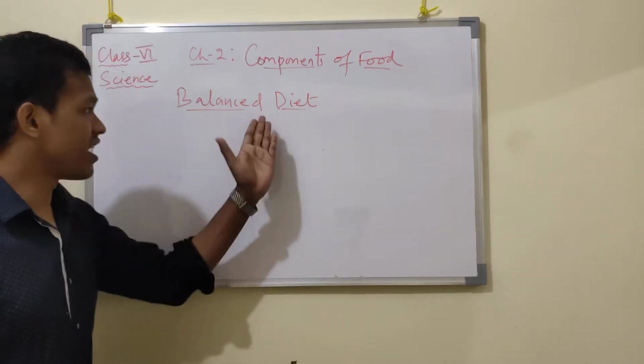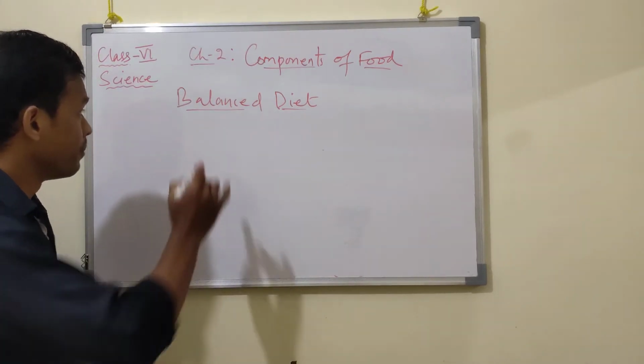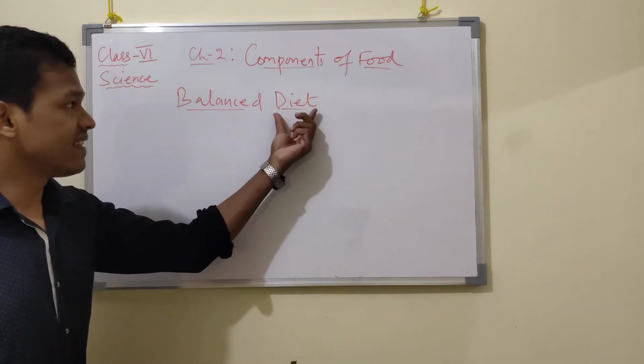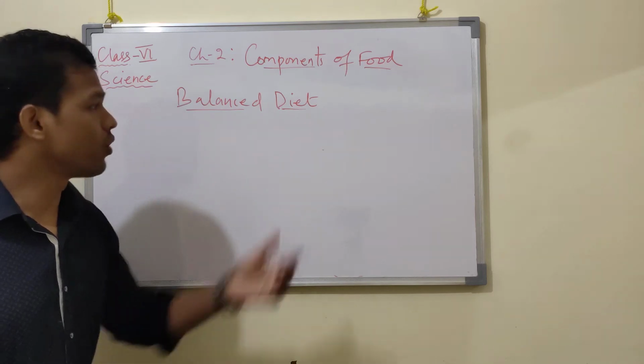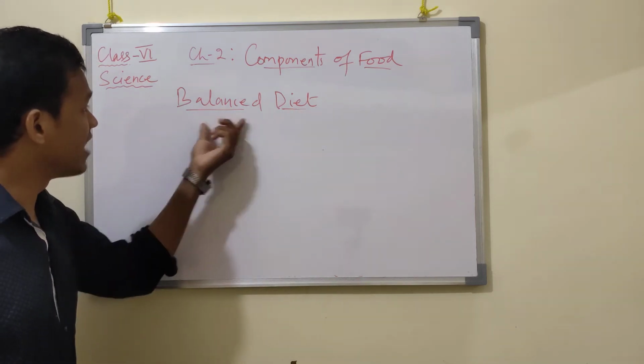If you see balanced diet, the words themselves say it. Diet in the sense of the food that we normally eat in a day is called diet. What about balanced diet?